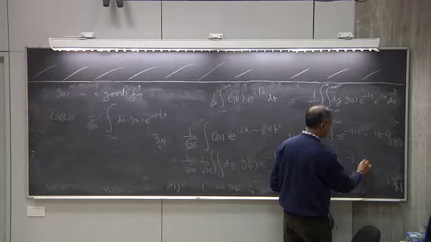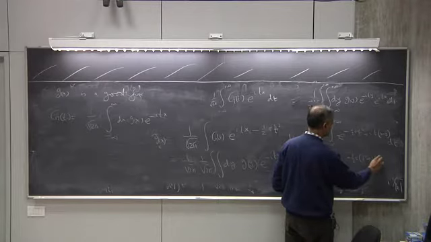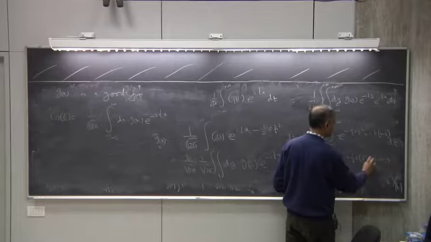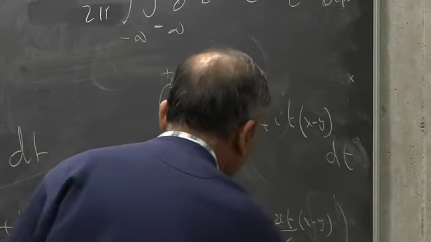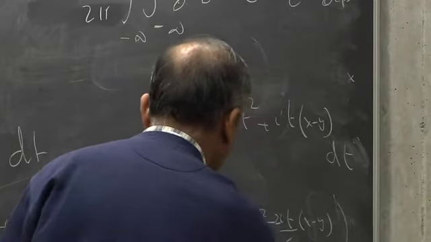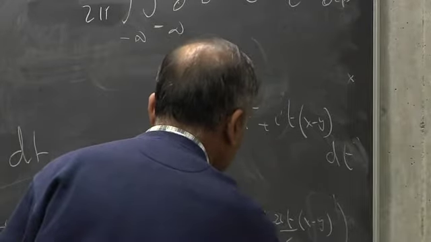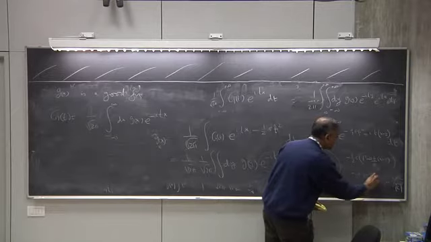You get t square minus 2i t (x minus y) over epsilon, and then you can write it as a whole square, minus half epsilon (t minus i(x minus y)/epsilon) whole square.